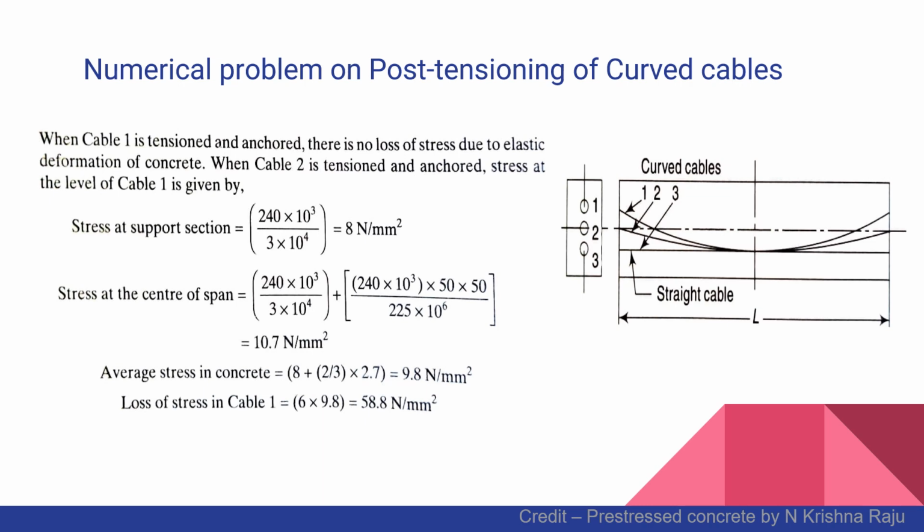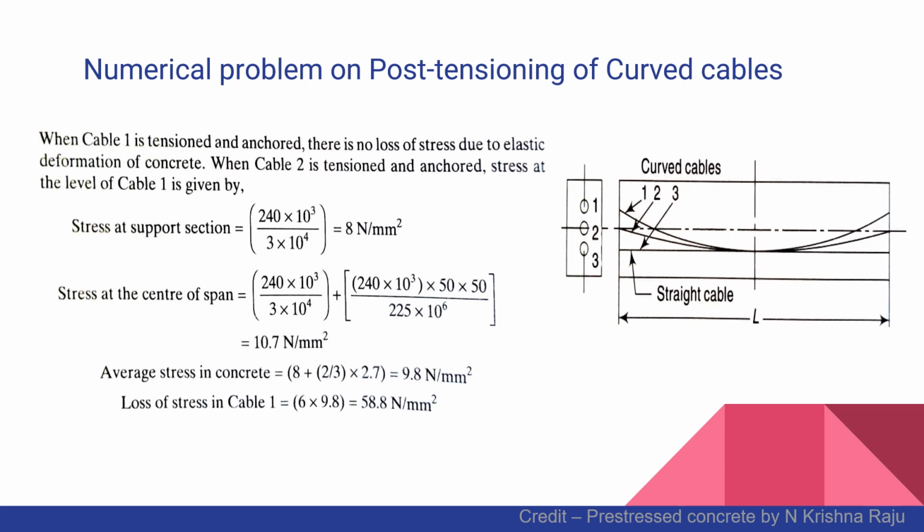Stress at center span equal to P by A plus P into E, eccentricity is 50 mm, into Y, which is 50 mm, which is distance between the centroid of the cable to centroid of the cross section, all divided by moment of inertia.